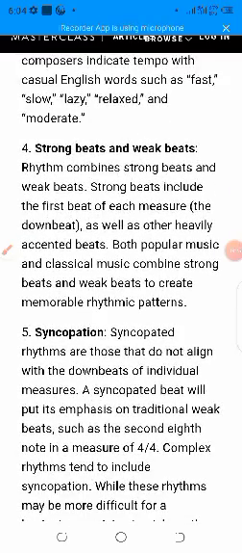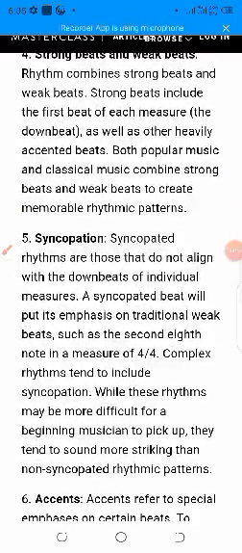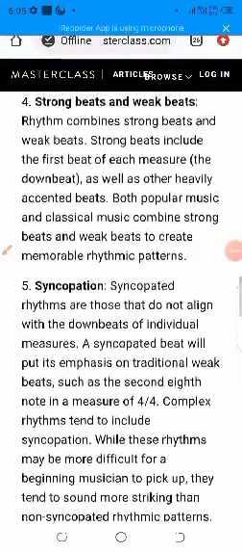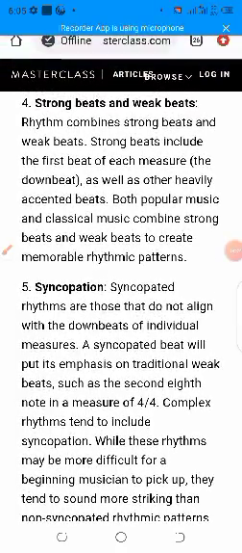Now syncopation. What do you mean by syncopation? Syncopation simply means shifting of your strong beat onto a weak beat. We talked about accent when we started our rudiment of music during the characteristics of a tone. Accent is the strong emphasis on a note.